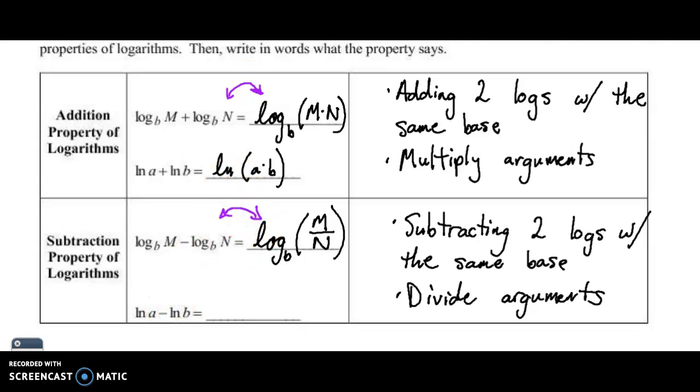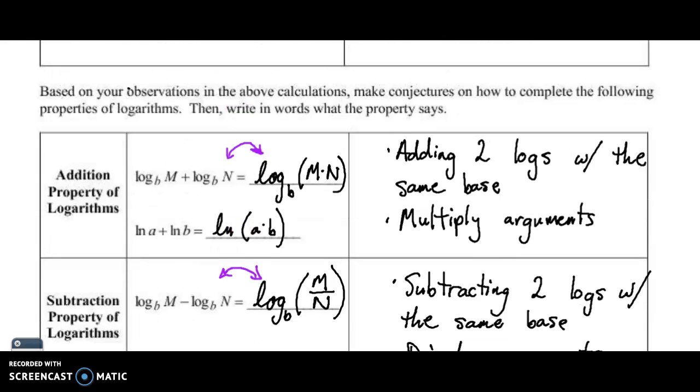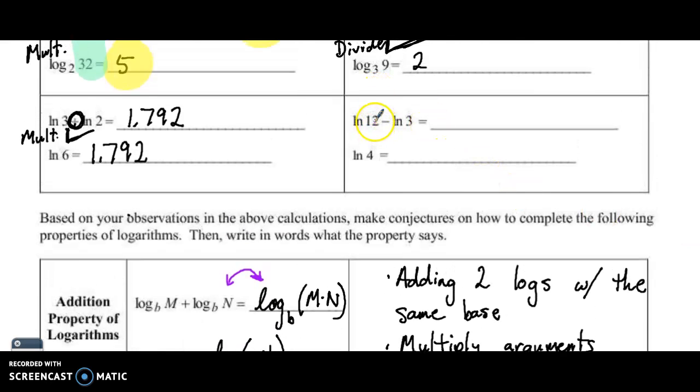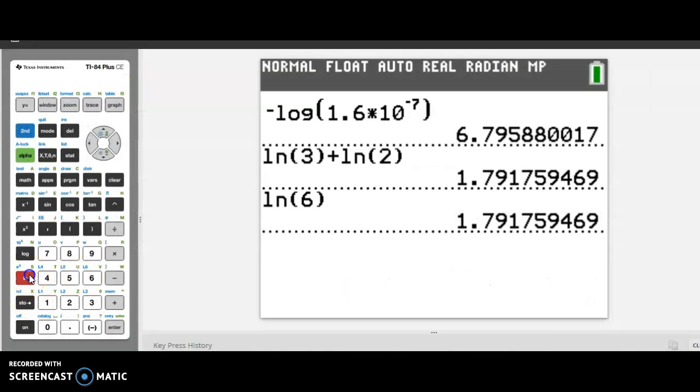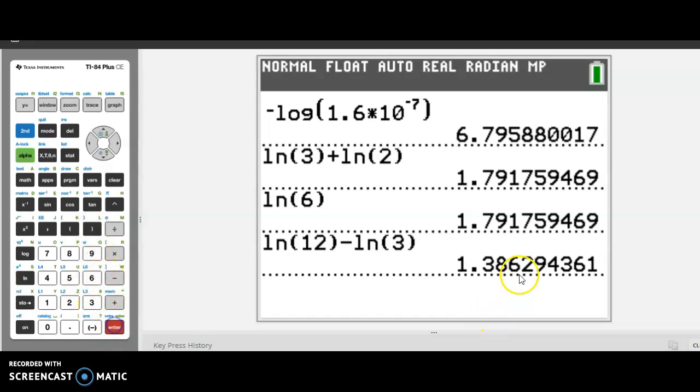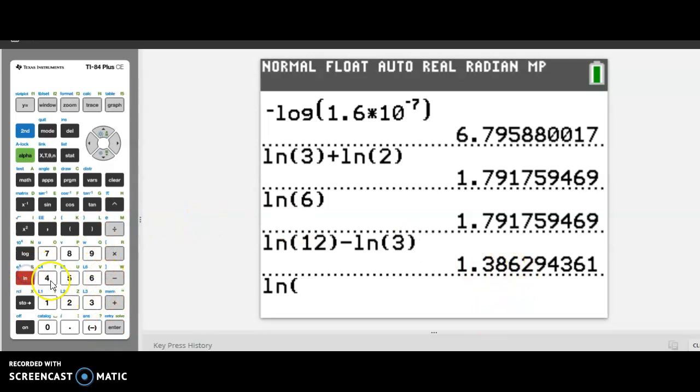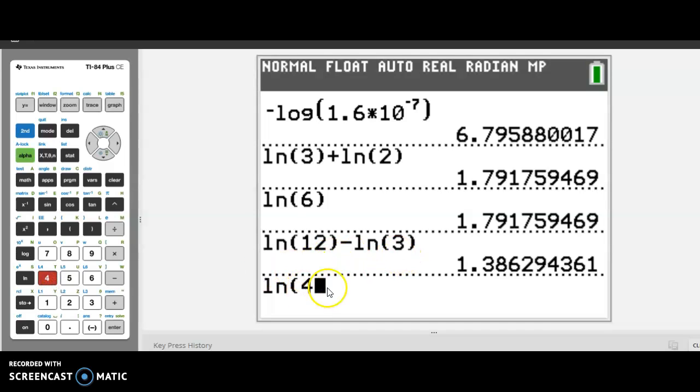Now let's see if it's also true for natural log. Let's investigate real quick. It's not too difficult. See how we have natural log of 12 minus natural log of 3, and 12 divided by 3 is 4. Well, let's use a calculator, because I do not expect you to know natural log of 12 in your head. Okay, that's an ugly number. Is it true that natural log of 4 gives me the same number?